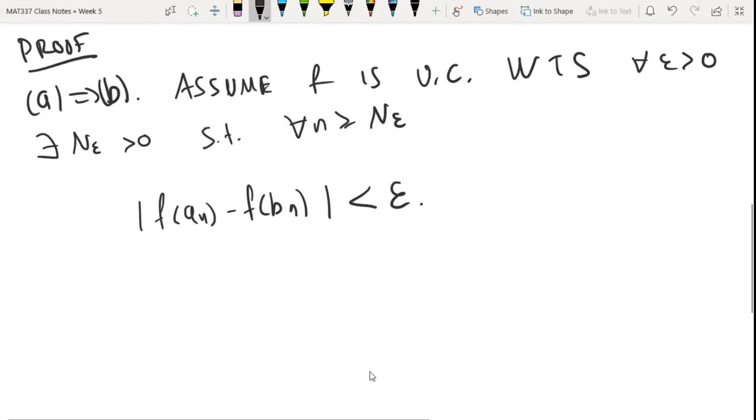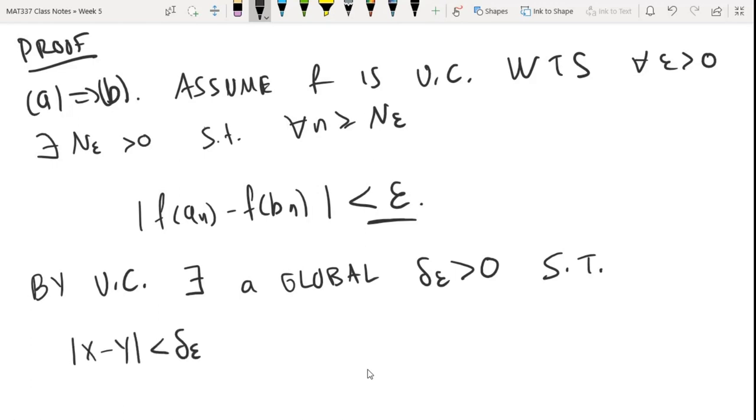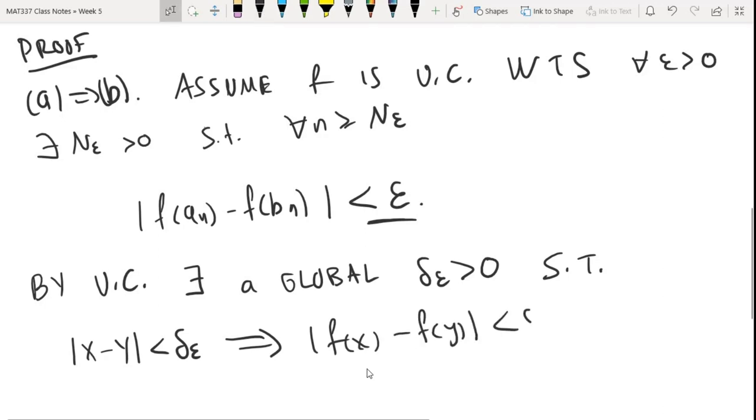So let's see. Right. Okay, so this is the epsilon. By uniform continuity, there exists a global delta epsilon such that x minus y less than delta epsilon implies f of x minus f of y is less than epsilon.